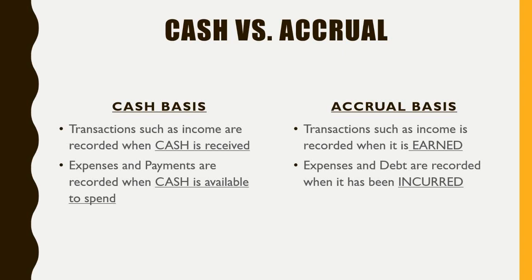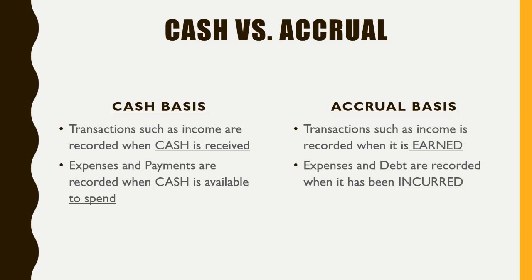Accrual basis acts very similarly, but at the same time very differently. First, we're going to record a transaction whether or not we received cash. For instance, income: we record income when it is earned, whether we received cash for it or it is owed on an account. Remember, what does owing on an account mean? It's invisible money that's being owed to you.